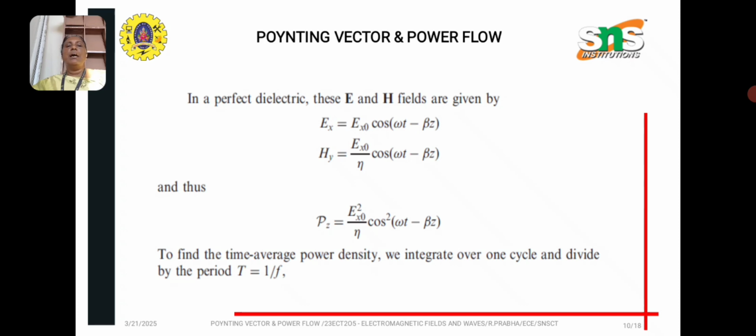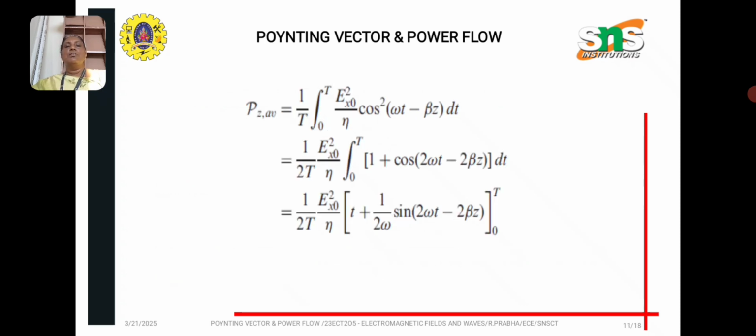So to find the average power density, we have to integrate over one cycle and divide by the period T, which is equal to 1 by f. So we get Pz average is equal to 1 by T integral from 0 to T of Ex0 squared by eta cos squared of omega t minus beta z dt.